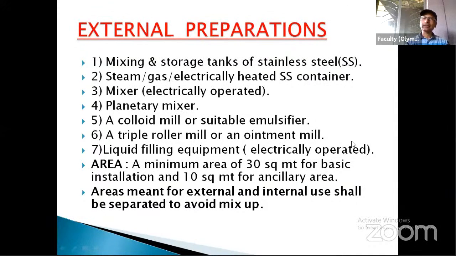If you have been asked how much area is needed for external preparation, for example, I have a factory and I want to add another unit, that is the external preparation unit, you can guide that manufacturer, or you can tell your interviewer that the minimum area as per our Drugs Act and Rules, as per our GMP norms, is 30 square meter for the basic installation and 10 square meter for ancillary areas needed for external preparations. And these are the minimum equipments that are required on the manufacturing floor.